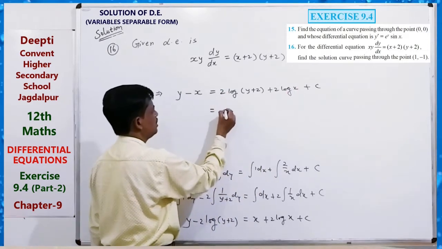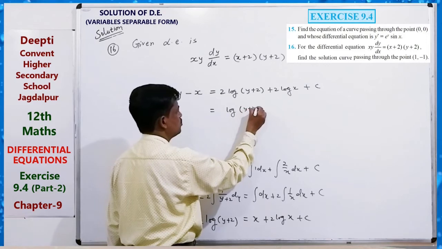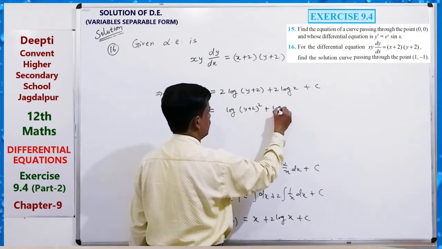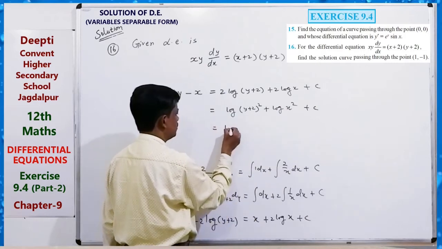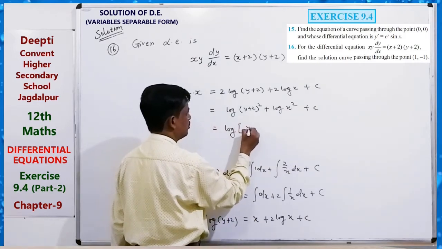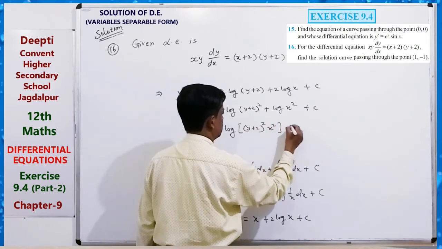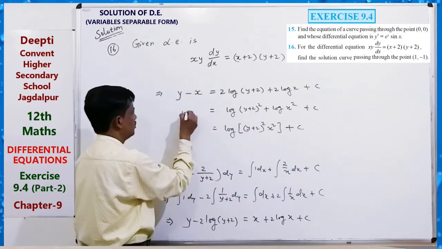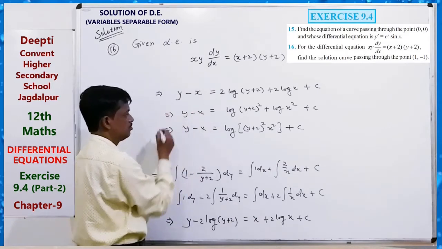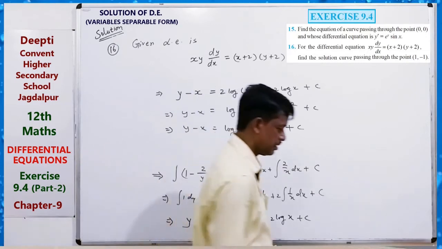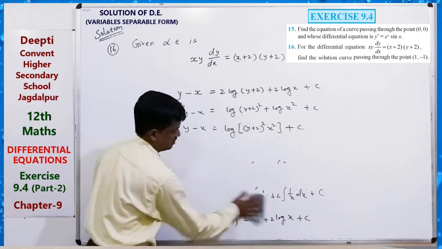So we can write log (y+2)^2 plus log x^2 plus c, that is, y minus x equals log[(y+2)^2 x^2] plus c. We get it like this. Now this is our general solution.